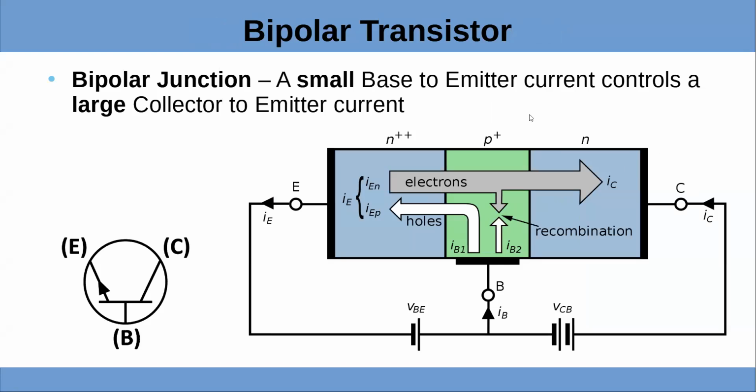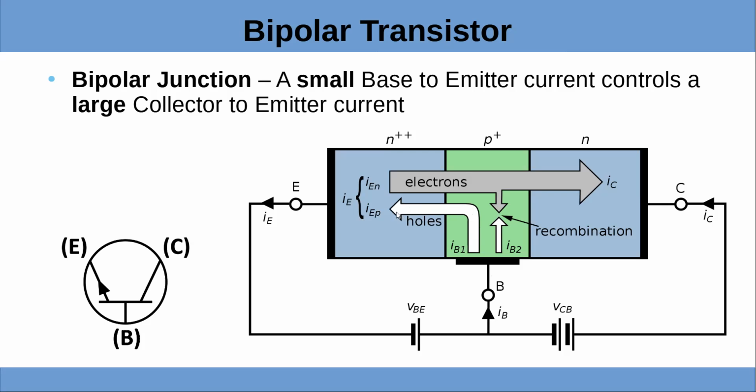And the way it works, without really going into all the physics, which you don't really need to know at this point, is that when I apply a current, I'm actually injecting holes into the base material, and that flows from base to emitter.